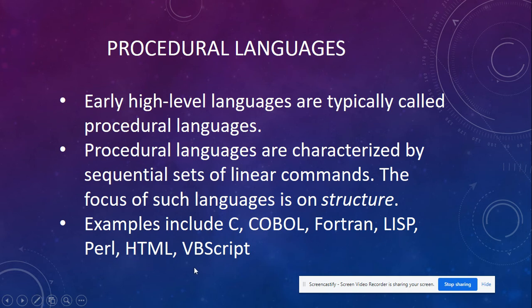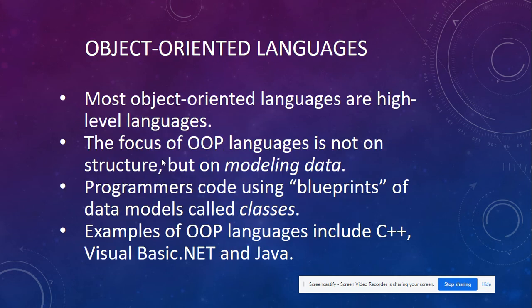Lisp, Perl, HTML, VB script, all of these are procedural, which means it's just step after step after step, right? If one step doesn't work, probably the whole program isn't going to work. This was a big step for computer programming, probably from like 1960 to the mid 1980s. I may be wrong on those dates, but that's not anything I'll test you on. I'm just trying to give you a bearing of where we're at in the history of programming.